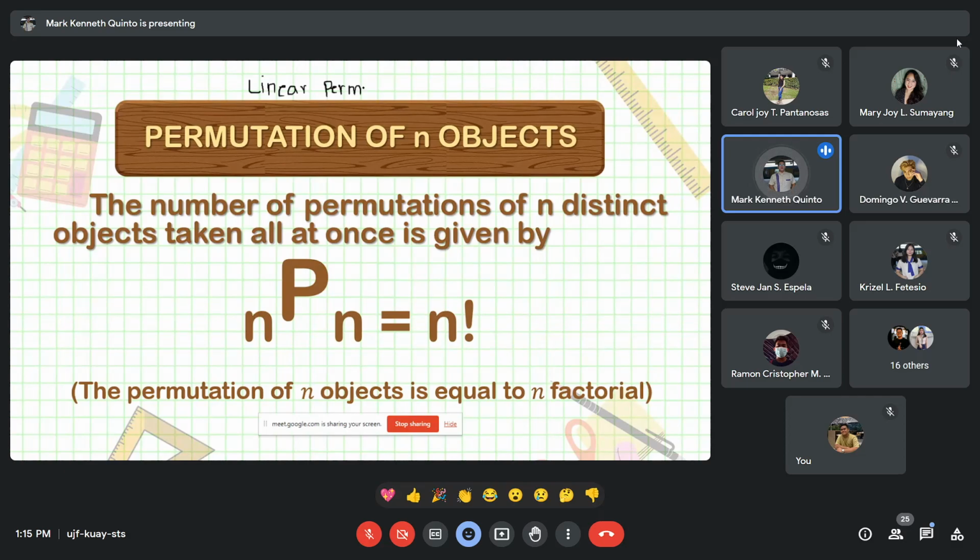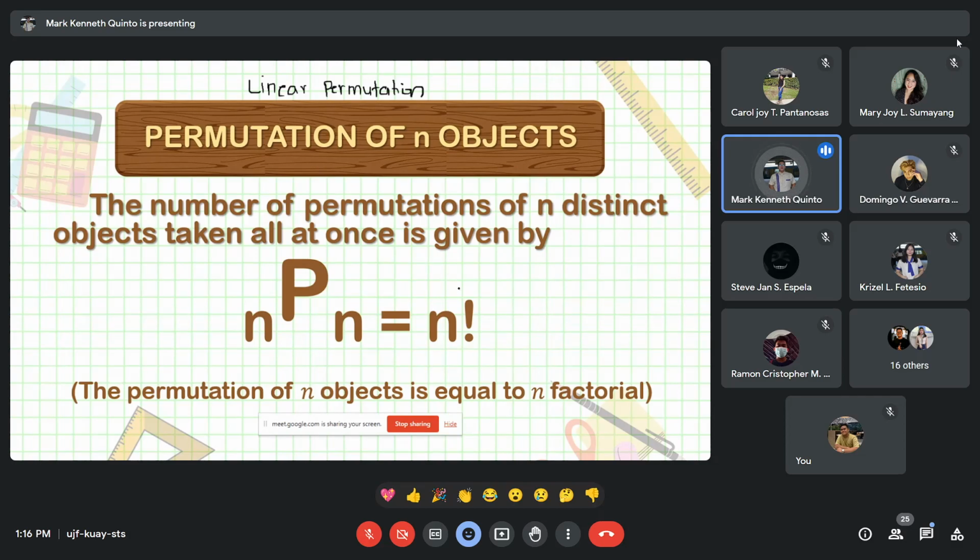It is the permutation of n distinct objects taken all at once, and it is given by the permutation of n objects taken n at a time, which is equal to n factorial.